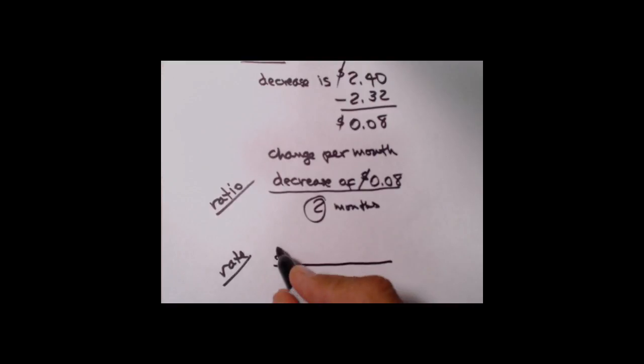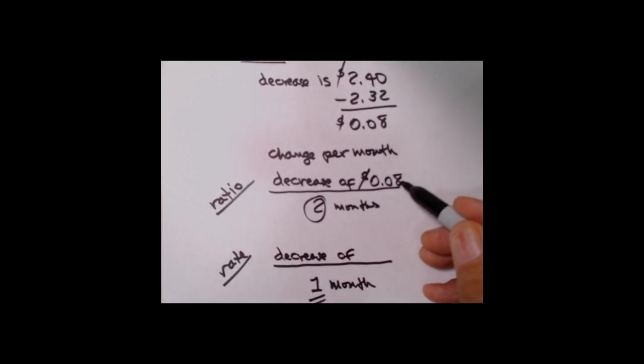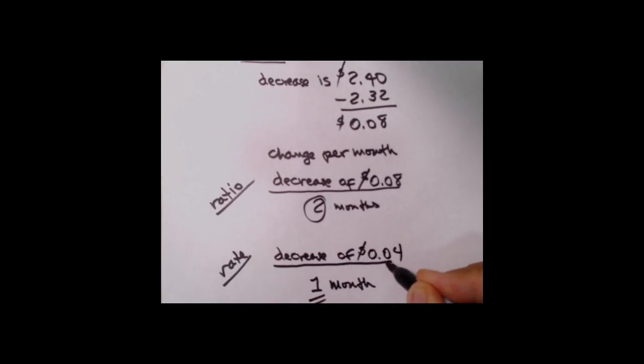We still have a decrease up here, but we have to divide 8 by 2, and so that'll give a decrease of $0.04.